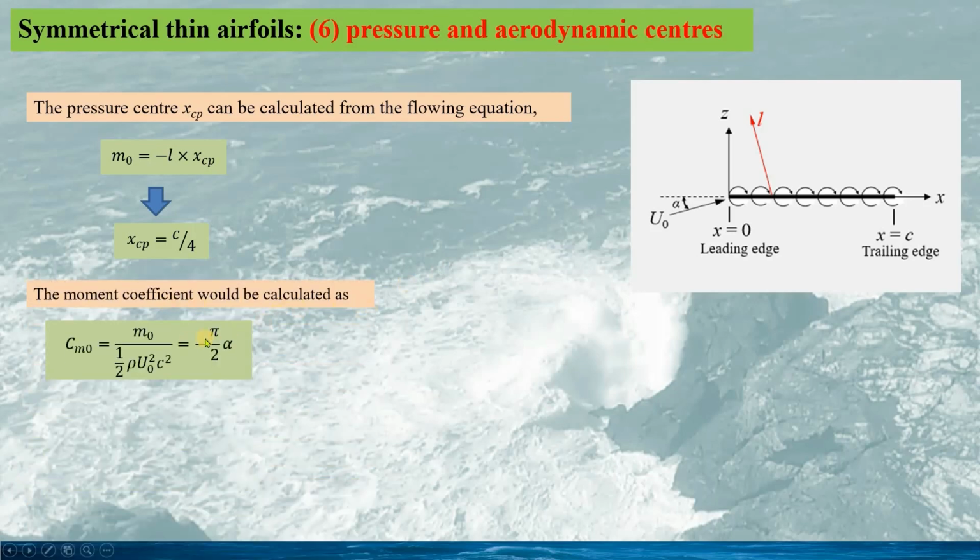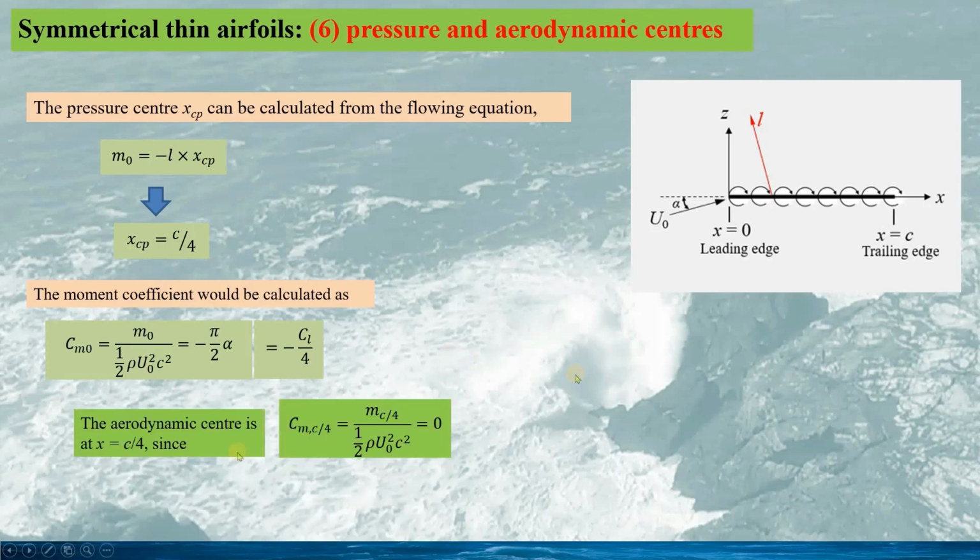And the moment coefficient would be given as this, and we can see this would be minus a quarter of the lift coefficient. Generally, for most practical airfoils, the aerodynamic center is at x equals a quarter of the chord, since at the aerodynamic center, the moment coefficient would be a constant.